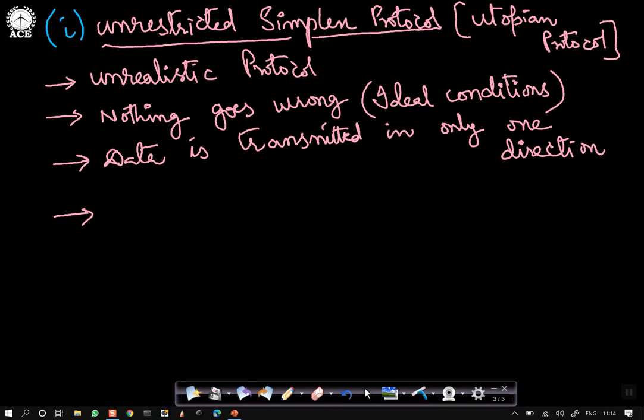And another important point: whatever rate at which the sender sends the data, the receiver will have sufficient capacity to accept it. Therefore we say infinite buffer space is available.